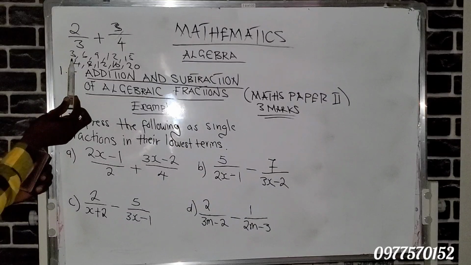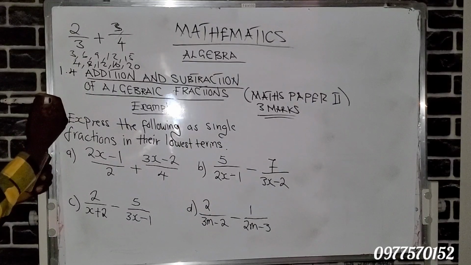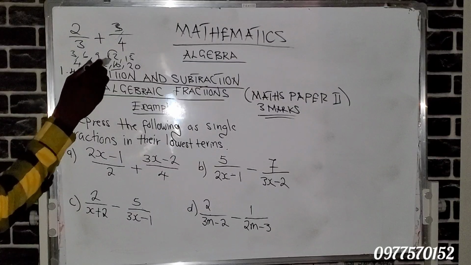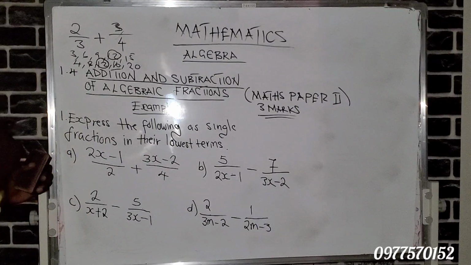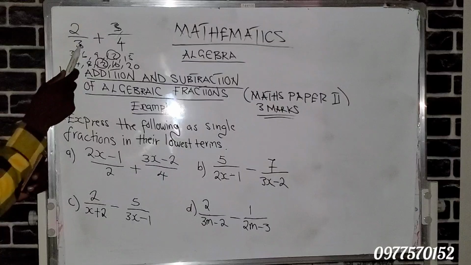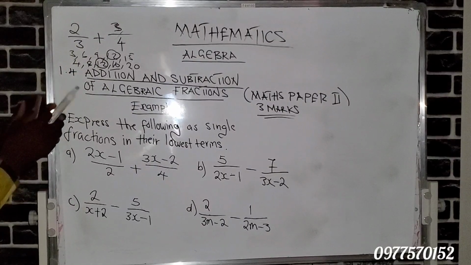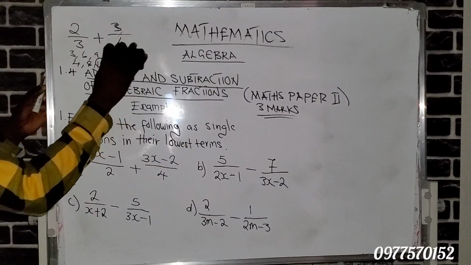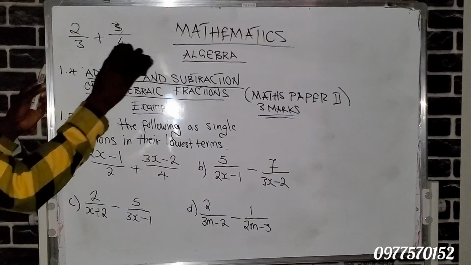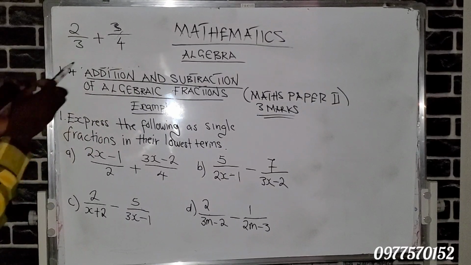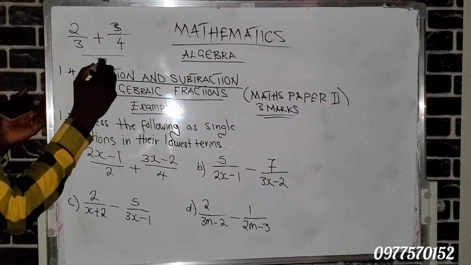Now, which one is the lowest common multiple? 12. Okay? 12 is the lowest common multiple of 3 and 4. So you write the common denominator as 12.